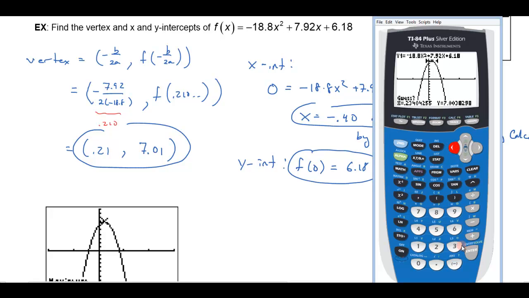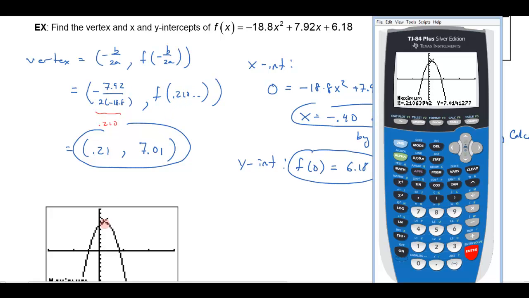Get up here kind of close to the top, and it computed the maximum to be 0.21063, and that's the exact same value that I got right over here when I did the negative b over 2a. And notice that the y coordinate is 7.014, and that's the exact same value I got when I plugged this value into the function.